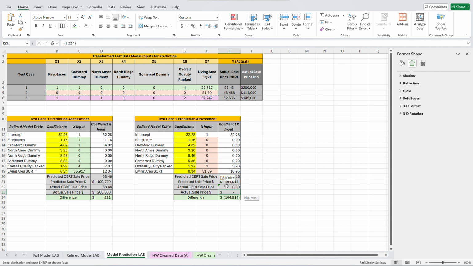Then we do want to make sure that it's summing I-12 through I-19.